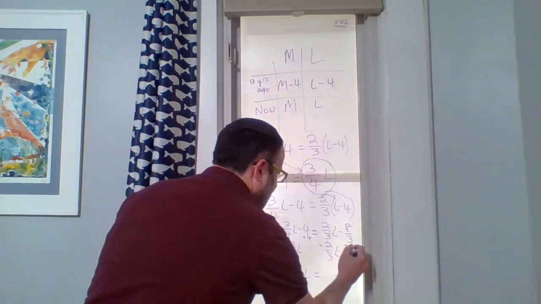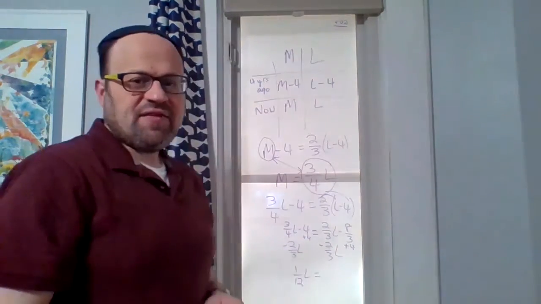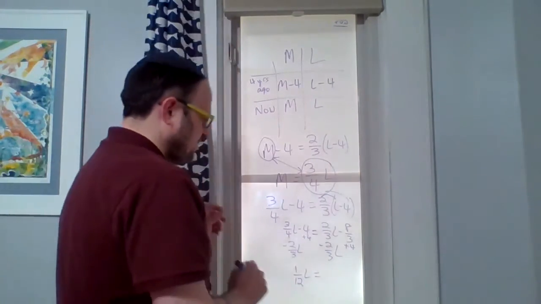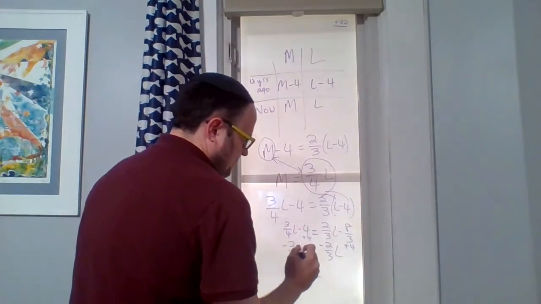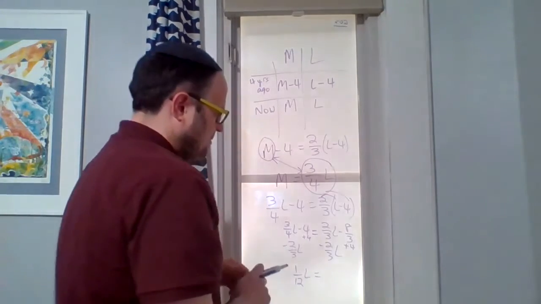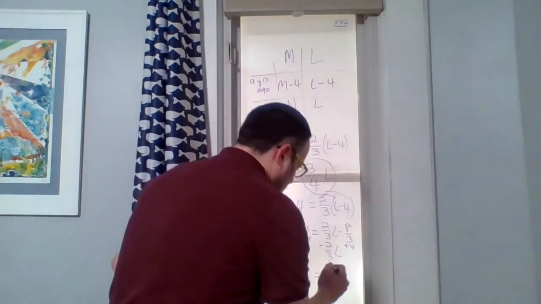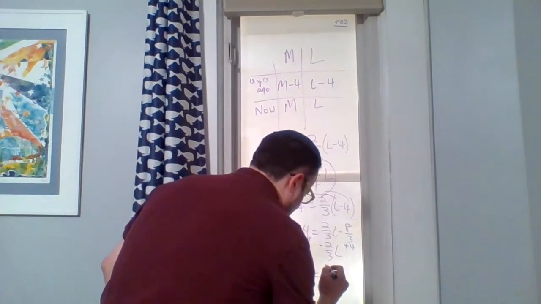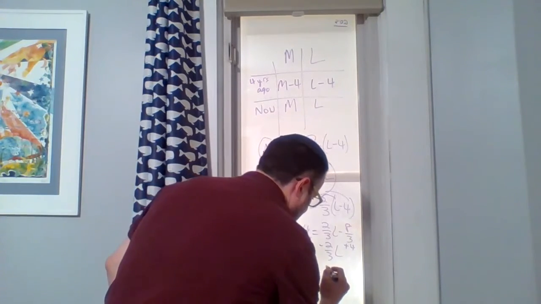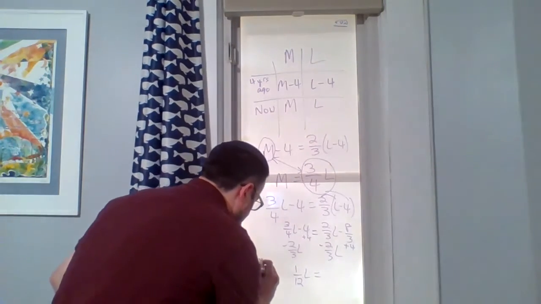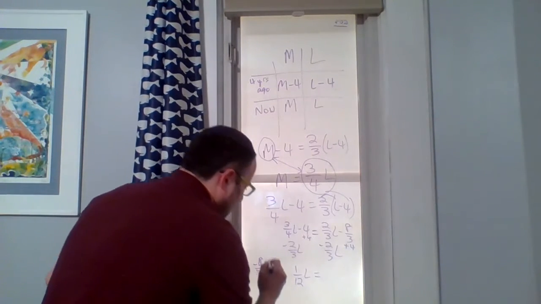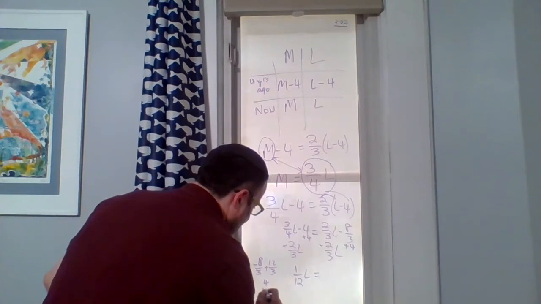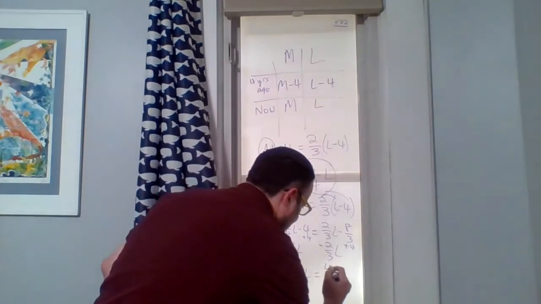Add 4 to both sides. Negative 8/3 plus 4 is going to be negative 8/3 plus 12/3, because 12/3 is 4, gives us 4/3.